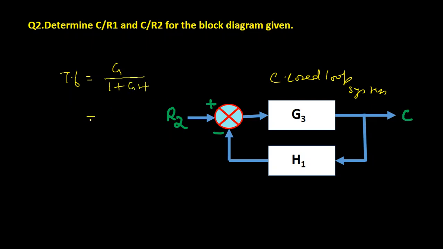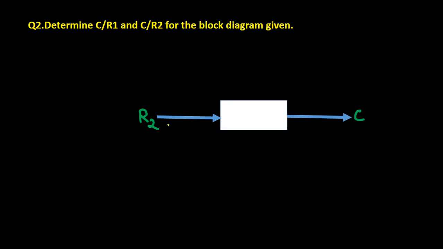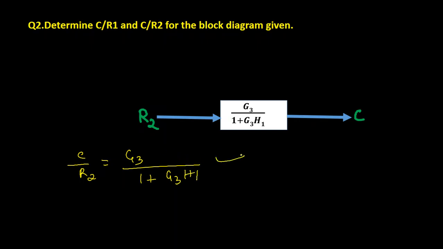So here G is equal to G3 and H is equal to H1. So the overall transfer function will be equal to G3 divided by 1 plus G3 H1. So C by R2 will be equal to G3 divided by 1 plus G3 into H1. So this is the value of C by R2 which we had to find out. So we have solved this question.